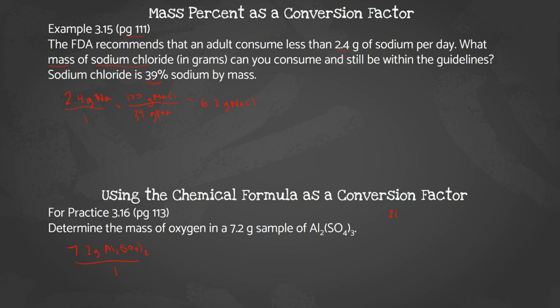2 times aluminum. Aluminum's mass is 26.98 grams per mole, plus we have 3 sulfurs, and sulfur's mass is 32.06, plus we have 3 times 4, we have 12 oxygens, and each oxygen has a mass of 16.